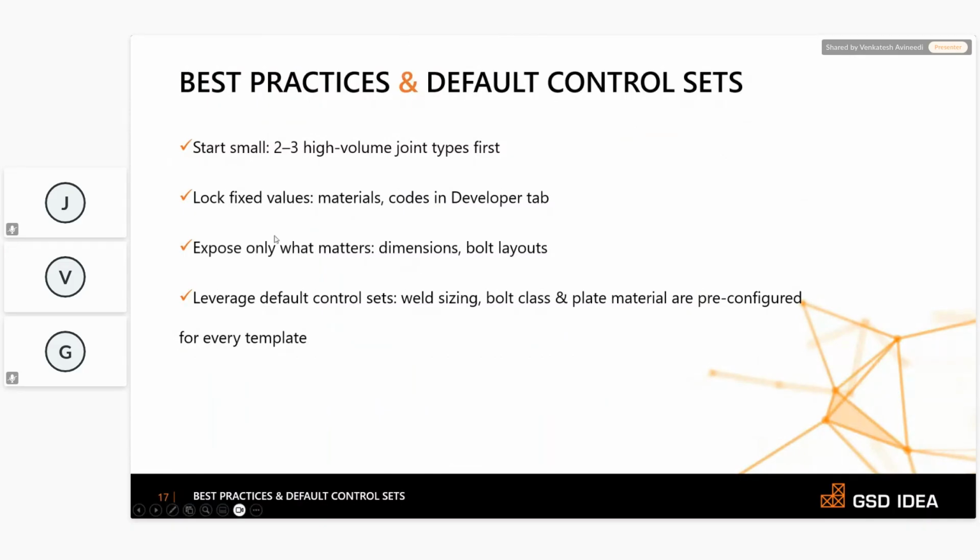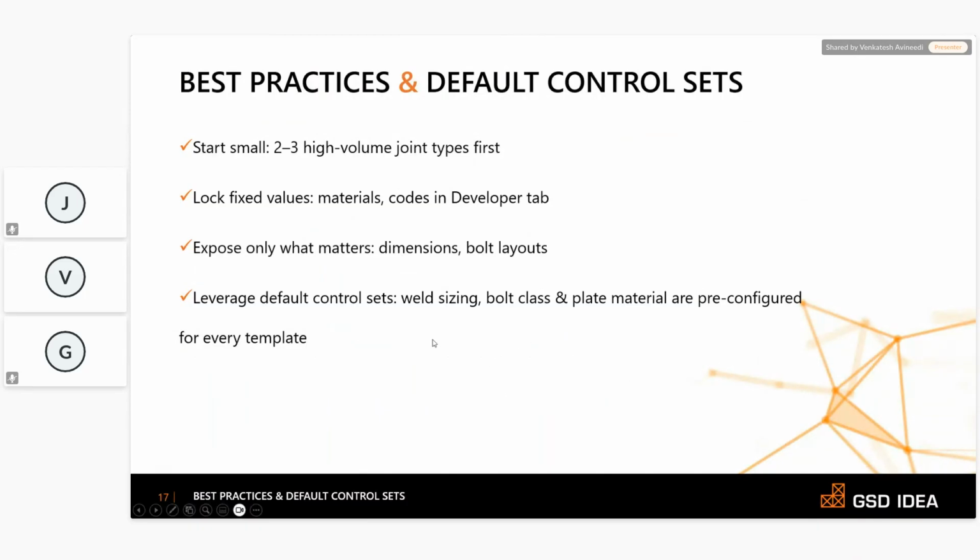And don't expose all the options which you are parameterizing. Whichever are not required, you can hide in the developer tab. No need to expose, because if you expose too many options, it might overwhelm you. So only the options which need to be changed, keep those visible, and the rest as hidden background calculations.